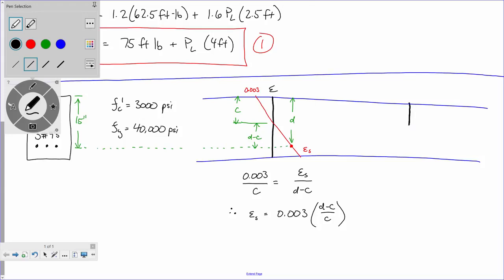Now this is going to be my stress profile. Remember, we're dealing with concrete, and concrete is a material that's very, very strong in compression and very, very weak in tension. So in the tensile region, there is no resistance from concrete at all.